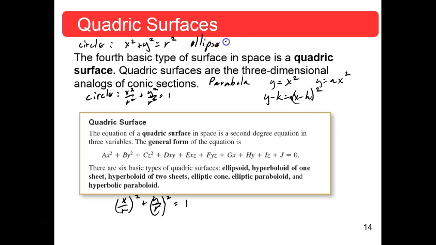You have a major axis and a minor axis. I'm going to use this form that they're showing down here: ax squared plus by squared is equal to, I'll put the minus j, to give you that same kind of form you have here.